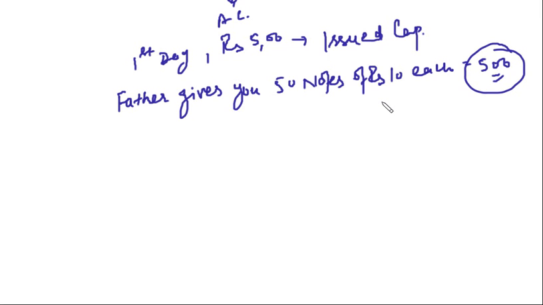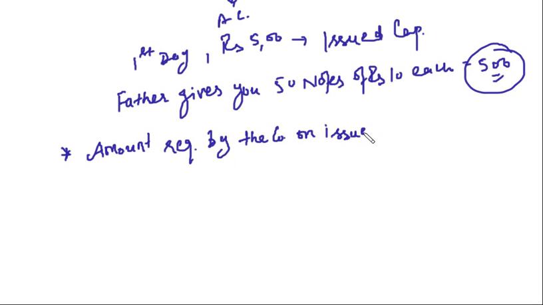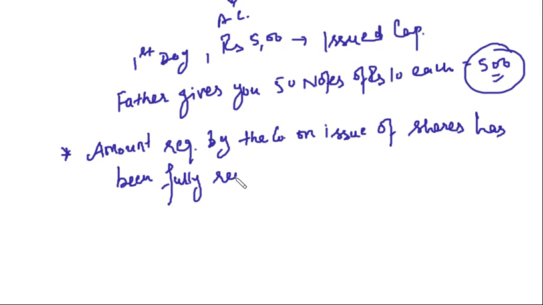Whatever was the requirement of the company, whatever the company asked from the outsiders, they have paid that money. What it means is the amount required by the company on issue of shares has been fully received by the company.